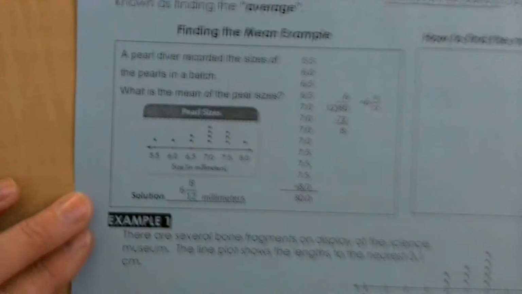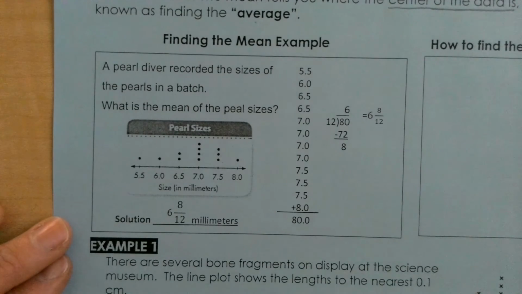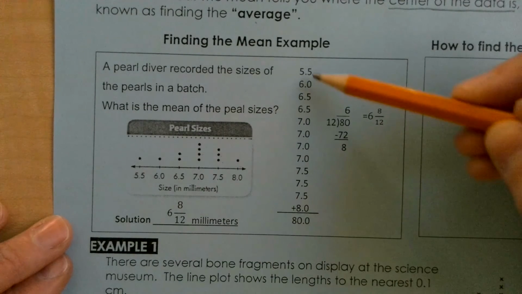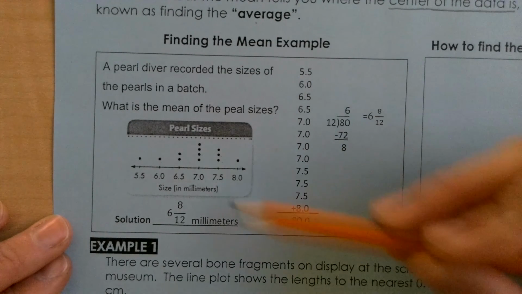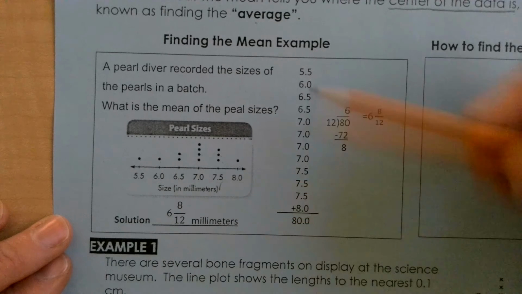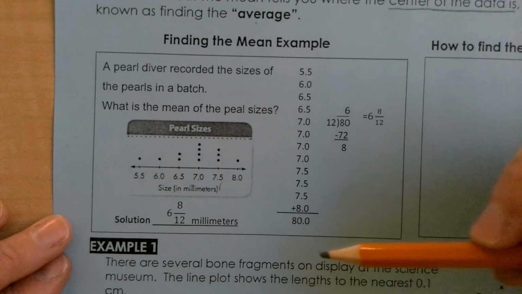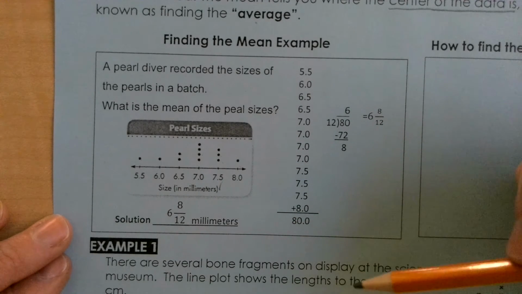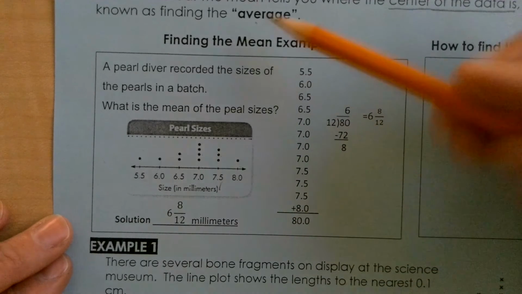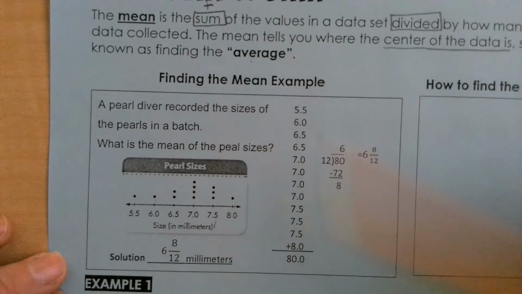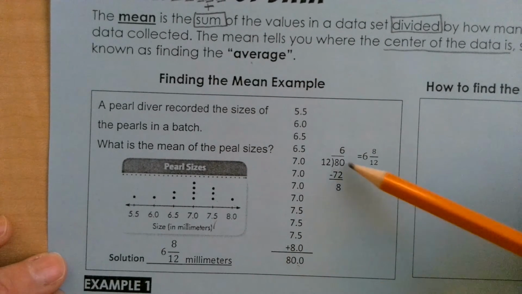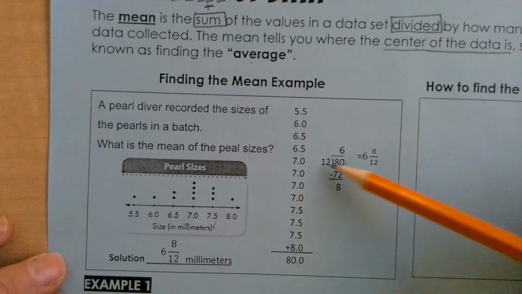So if we zoom in here to this example, we can see that all of the pieces of data, which is the size of the pearls, was added together and got 80. And that was finding the sum. After finding the sum, they took that 80 and then divided it by 12.